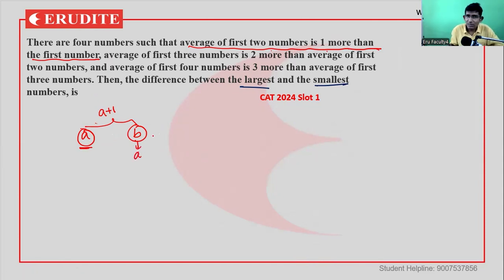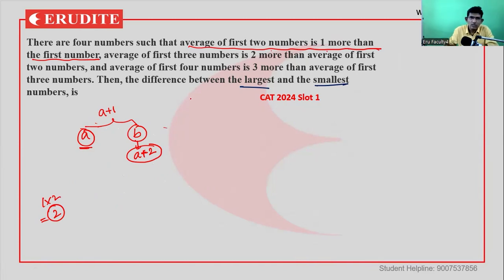But the average is increasing by 1. So 2 people's average is increasing by 1. That means the total is increasing by 2, which means B is bringing in 2 more than A. So the second number's value must be A plus 2.